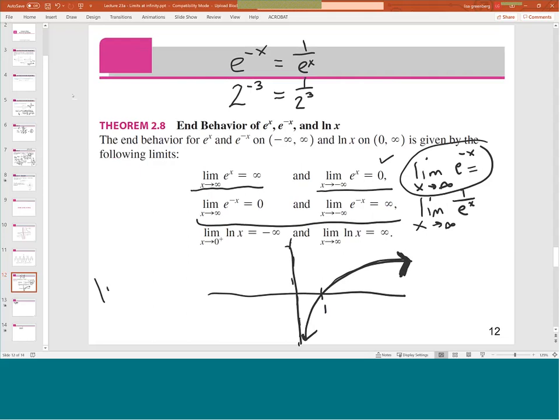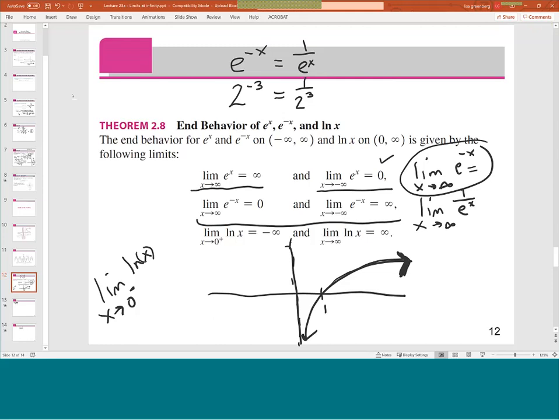What if I said the limit as x approaches 0 from the left of ln of x? What does that equal? It would still be 0. No. How can it approach 0 from the left? It's already past 0.